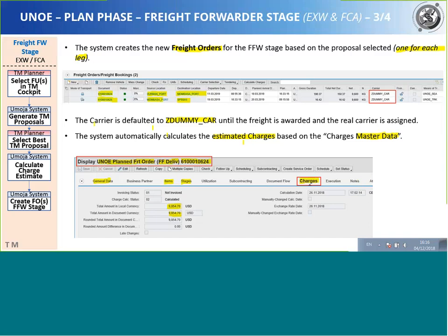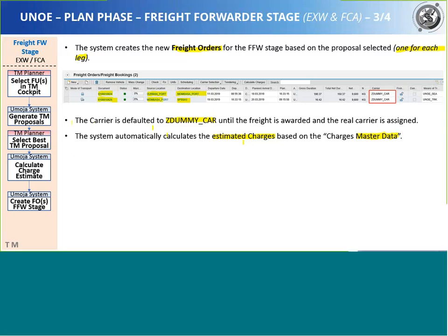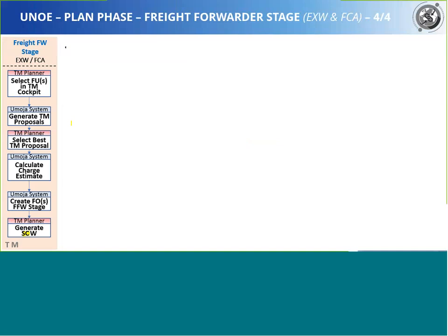We still have one more step in the freight forwarder stage that relates to the statement of work. From the freight order document, the system will allow us to download or print the statement of work that will serve as an input for the procurement of the freight.